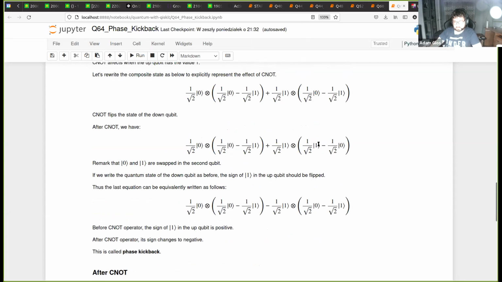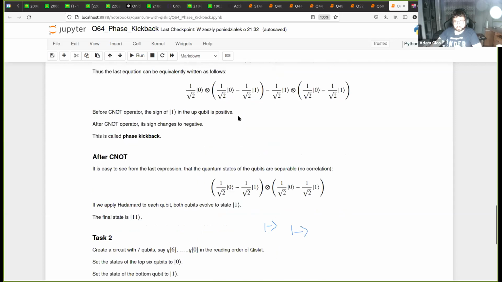But this is the same state as this, except for this minus. So we can just take the minus before and keep the same formulation. And this will give us, after simple algebraic manipulation, this sign back.